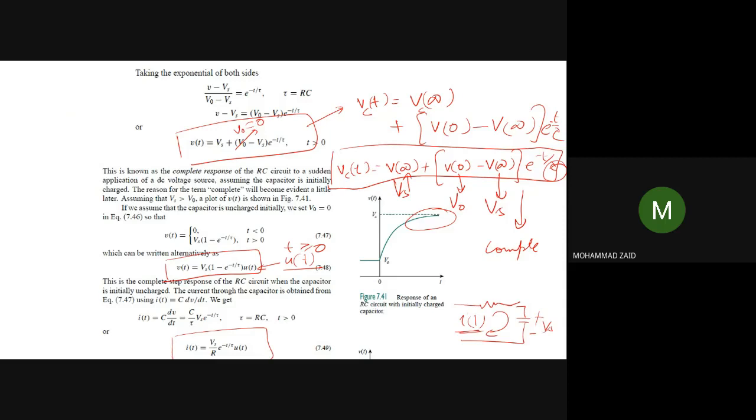So as the capacitor voltage increases, the current decreases, both exponentially. So this is the expression for current: i(t) is equal to Vs by R e to the power minus t by tau, and finally it will go to 0 at infinity.